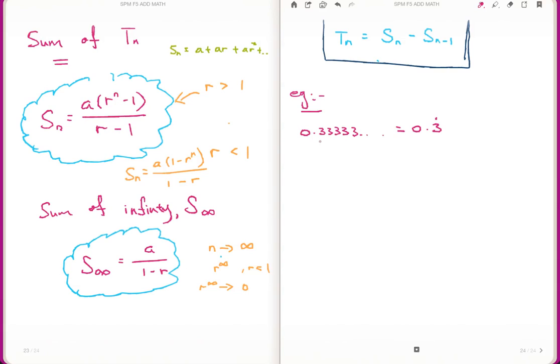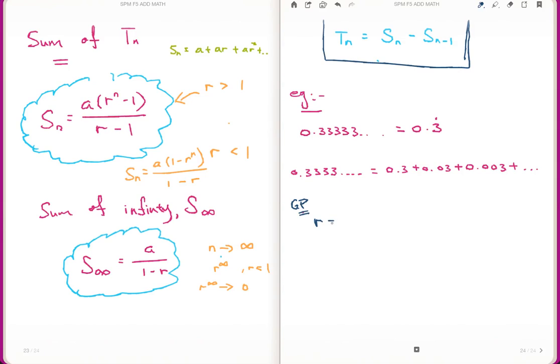If you want to rewrite this, 0.33333 recurring is basically equal to 0.3 plus 0.03 plus 0.003 plus so on and so forth. I just need the first 3 terms. Obviously, this is a GP, geometric progression.